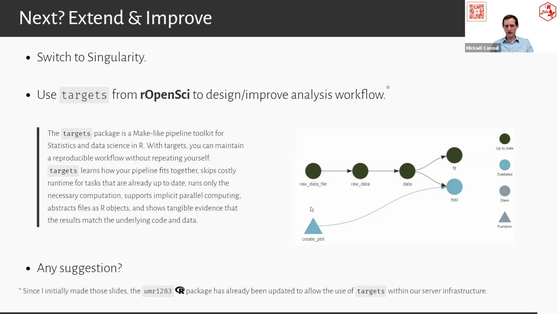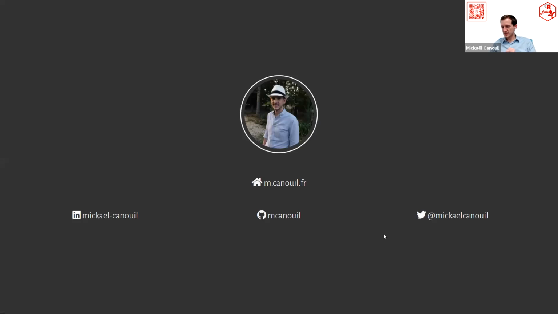This package will save metadata and data to know whether your task is up to date or not. It will save a lot of time and make your pipeline really nice. Here is a simple screenshot of a network from a targets pipeline. That's the next thing we want to use to improve everything. And that's all for me.